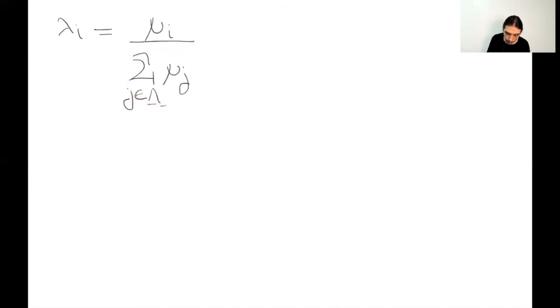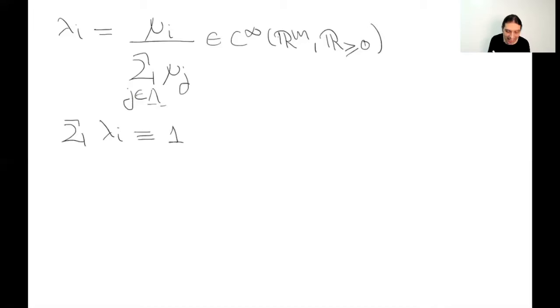So this function over here is indeed a C-infinity function from Rm to the non-negative real numbers. And it's a partition of unity because the sum of all the lambda i's is obviously equal to 1.